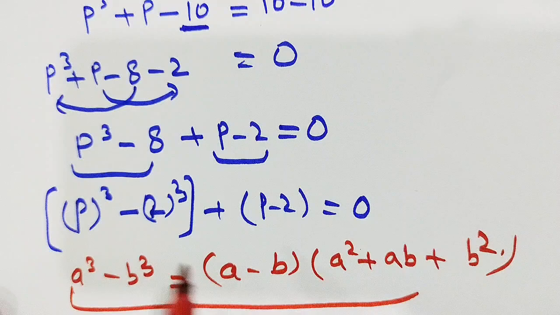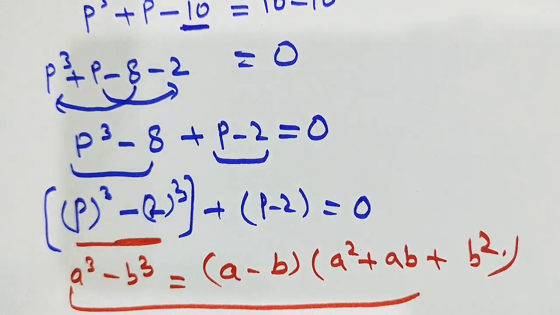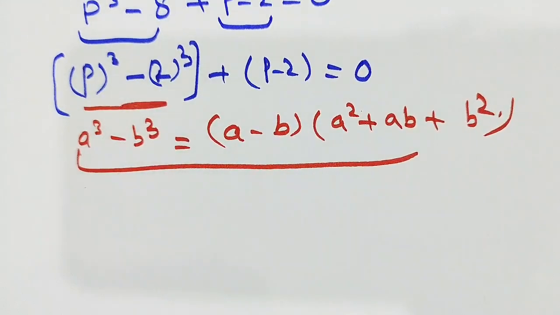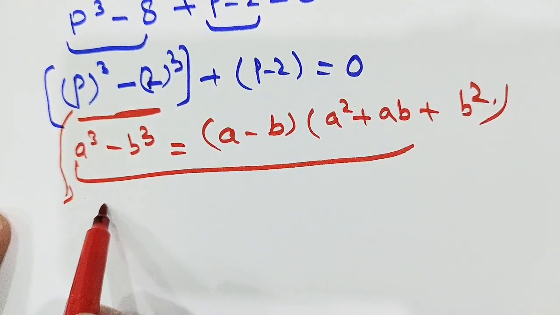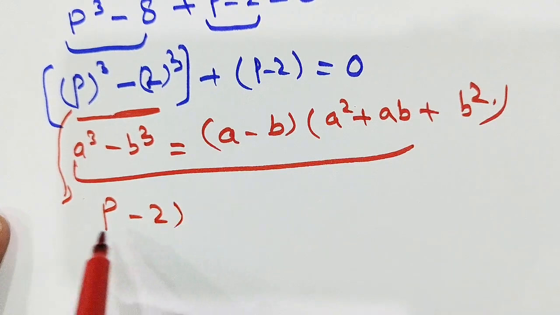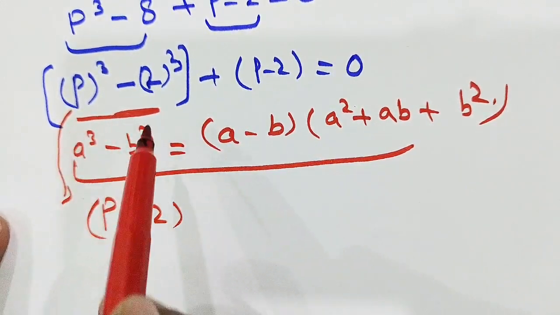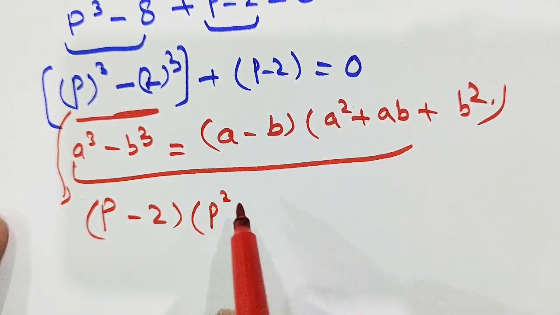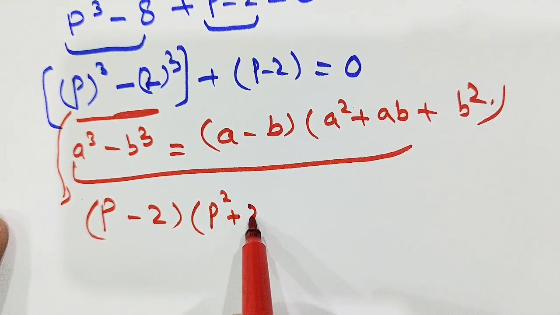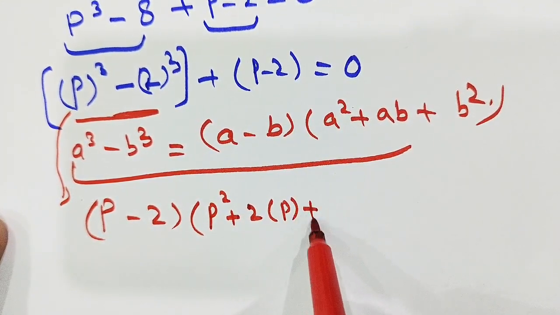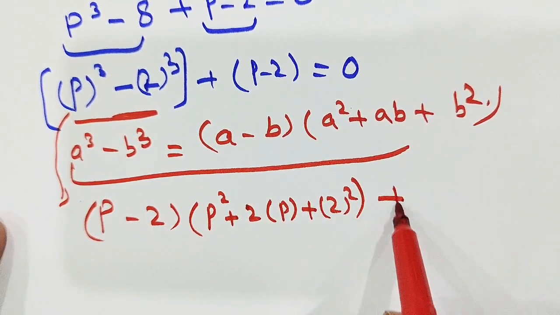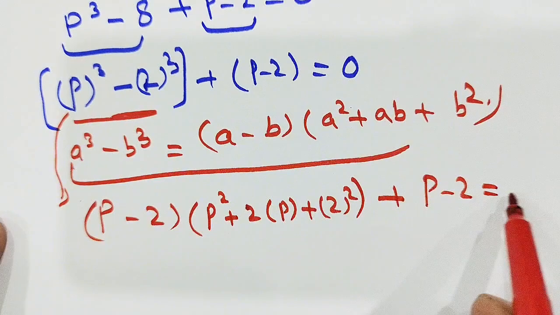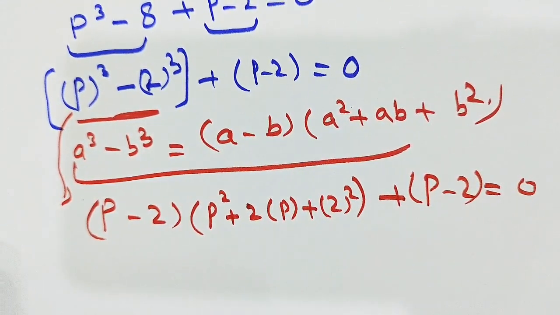By using this formula over this factor, what we have next is simply p minus 2, a minus b, into p square plus ab, 2p, plus b square, 2 square, plus p minus 2 is equal to 0. Now we have a very interesting form here.